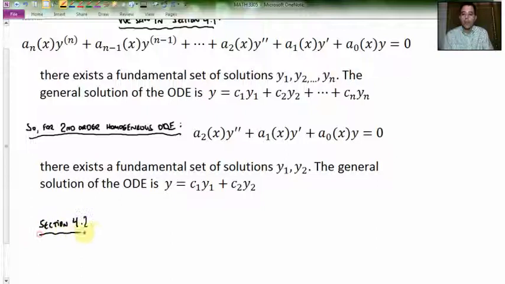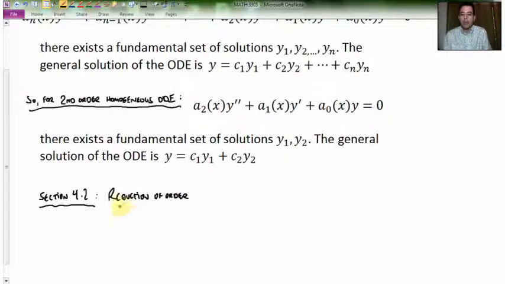And then in section 4.2, we saw a little trick called reduction of order for second order homogeneous ODEs, like this one here.